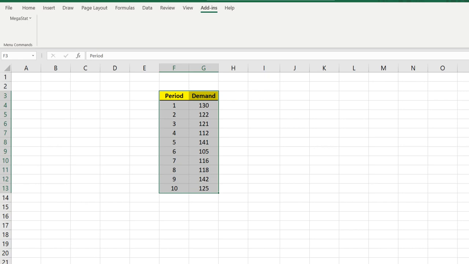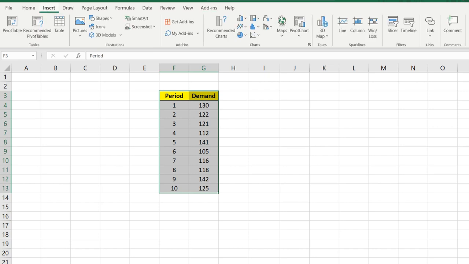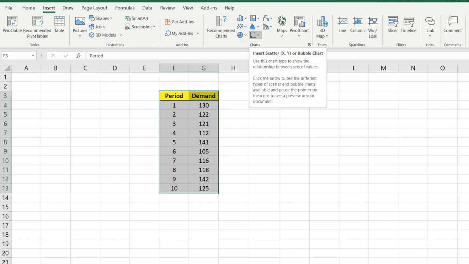Okay, and then we're going to go to Insert, and on the Insert tab, we're going to go to here. You see that? Insert a scatter or bubble chart. Well, we're just going to do a scatter chart.